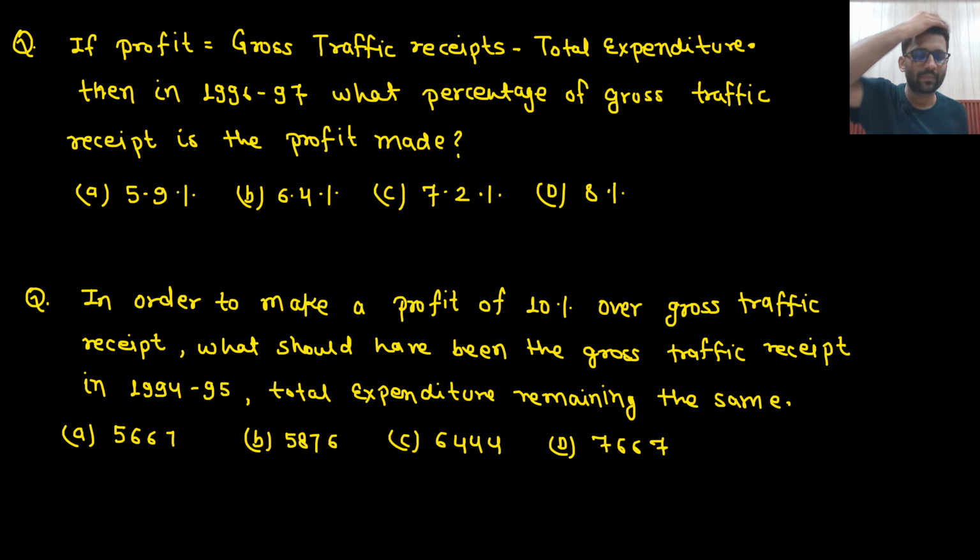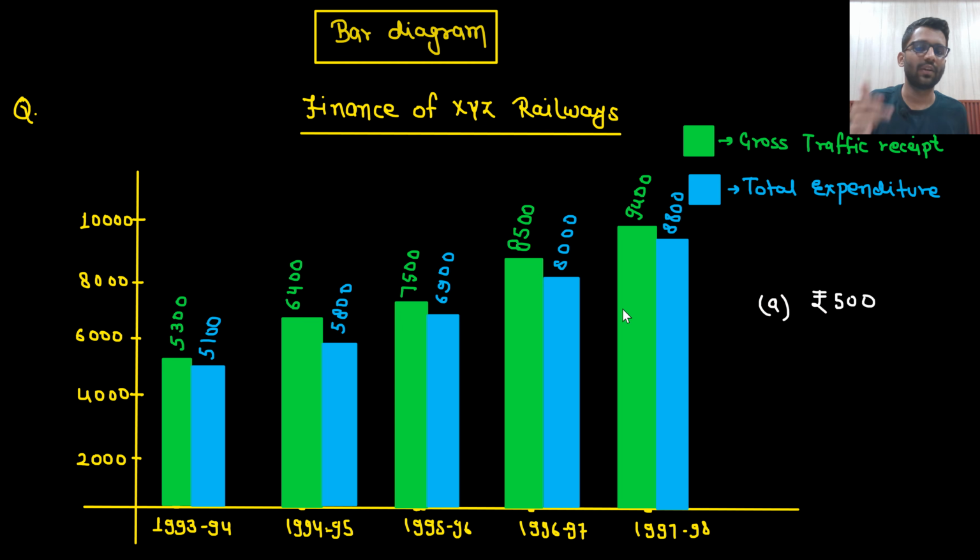Now 500 rupees is what percentage of gross traffic receipt? That means 500 rupees is X percent of the gross traffic receipt. Gross traffic receipt is 8,500. So X percent of 8,500 is equal to 500, right? So they are asking the value of X. What would that be? 500 divided by 85.